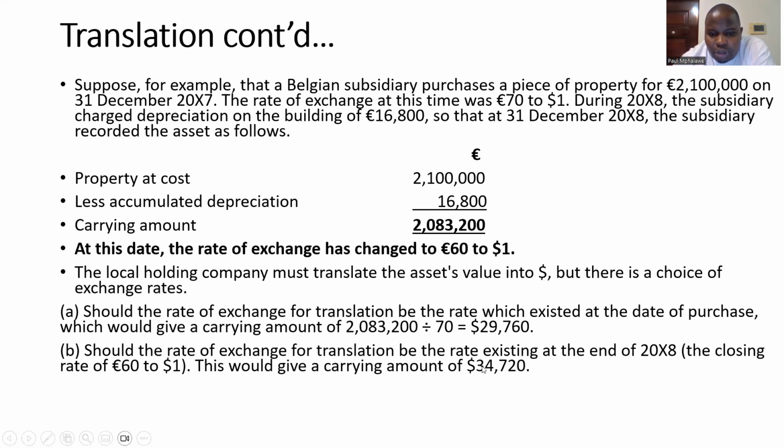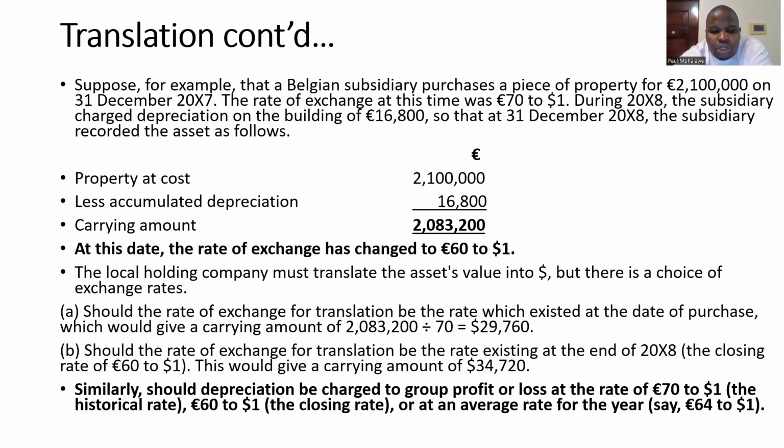Okay. So similarly, should depreciation be charged to group profit or loss at the exchange rate of 70, that is the historical rate, or 60 to $1 on the closing rate, or the average rate, say 64, just taking 70 plus 60 divided by 2? So what will be the choice?